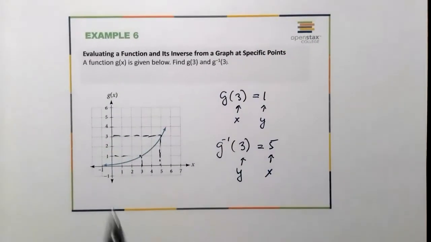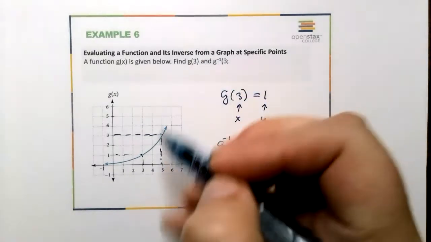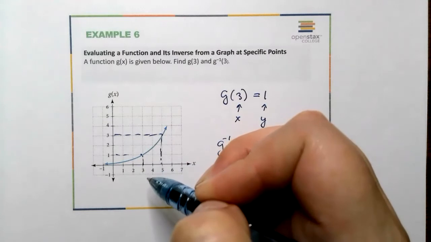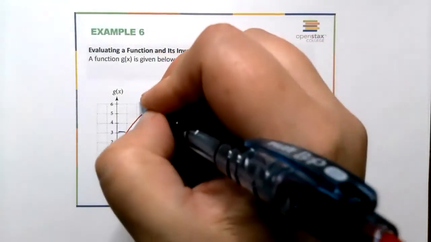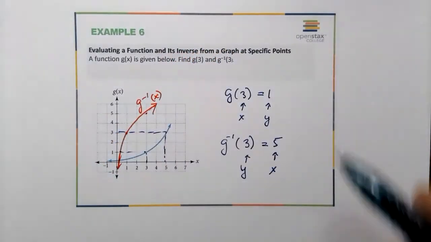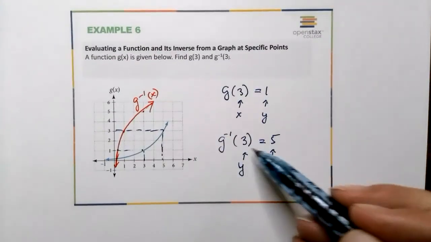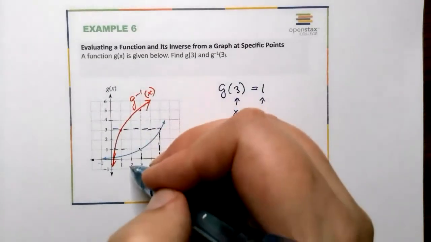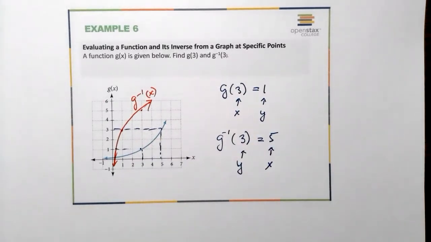Now, if we were to graph the inverse of g, just like using the symmetry, well, then this would be the graph of the inverse of g, and I could actually find this value from this graph. So when x is 3, the x became y and vice versa.